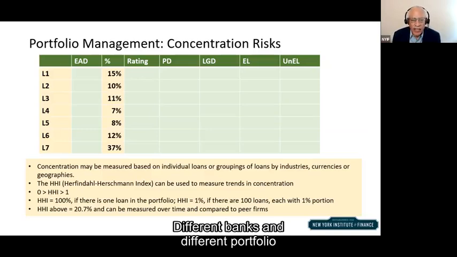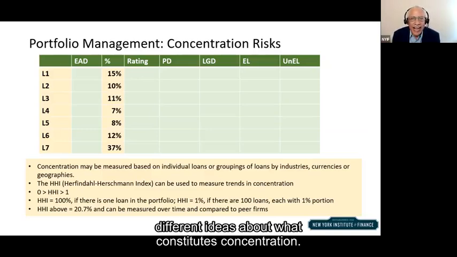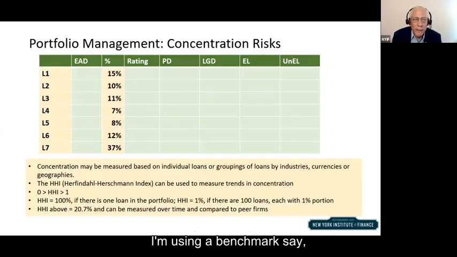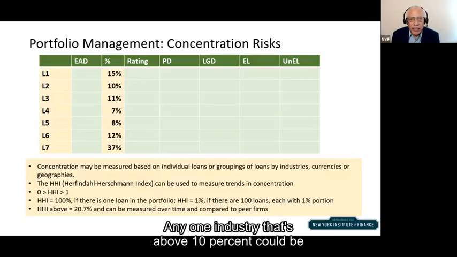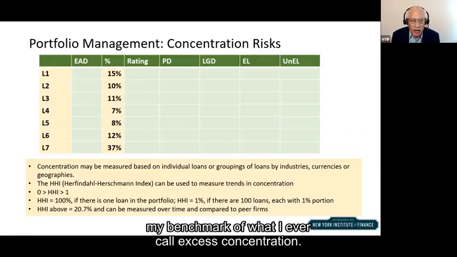So different banks and different portfolio and risk managers may have different ideas about what constitutes concentration. I'm using a benchmark, say, I've got a portfolio of corporate names and borrowers and credit exposures. Any one industry that's above 10% could be my benchmark of what I would call excess concentration.